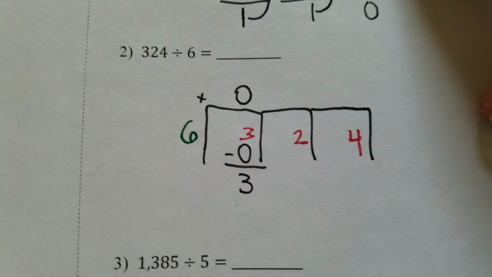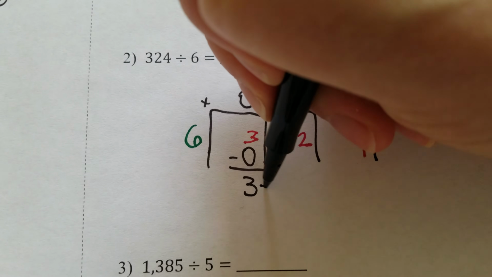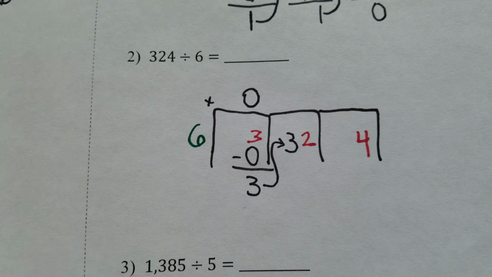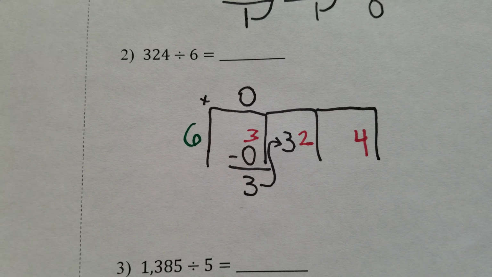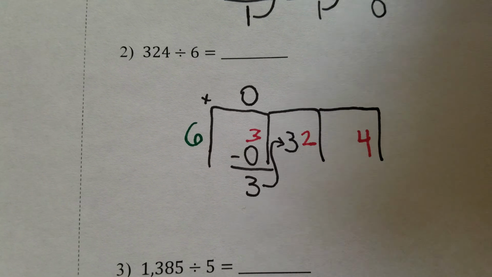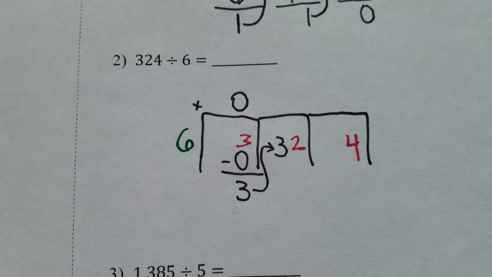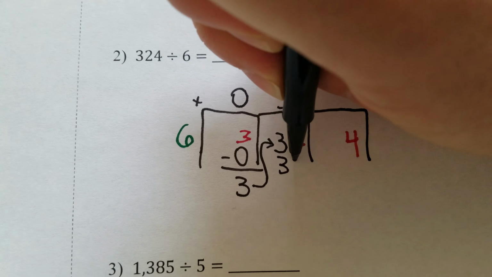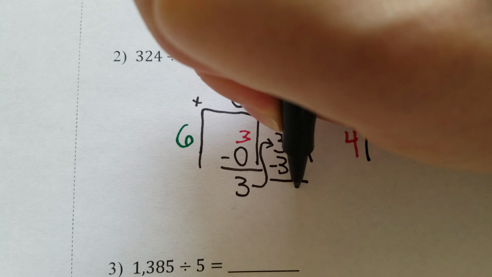Where does that 3 go? Well, the 3 gets brought up next to the 2, so it's a 32. 6 times what is 32, or close to 32? The closest you can get is 5, because 5 times 6 is 30. And then we subtract, you get the 2.